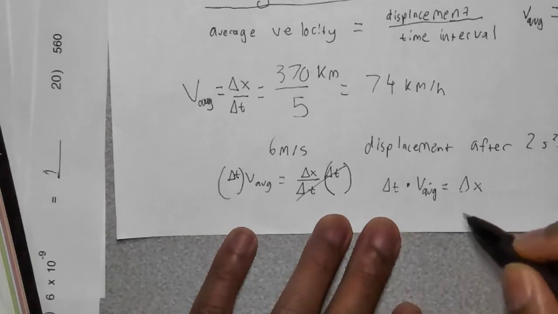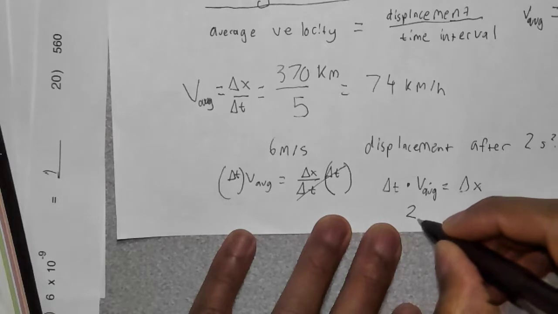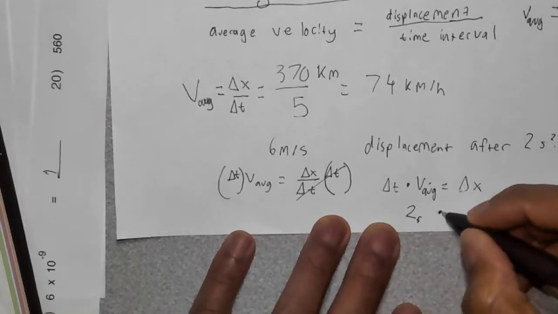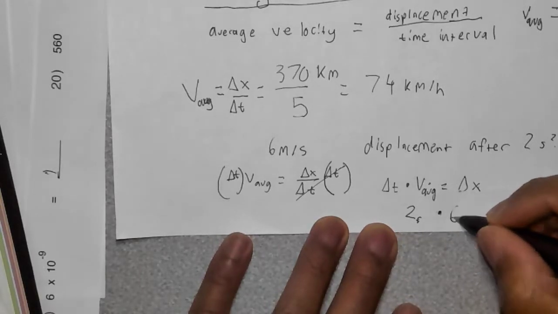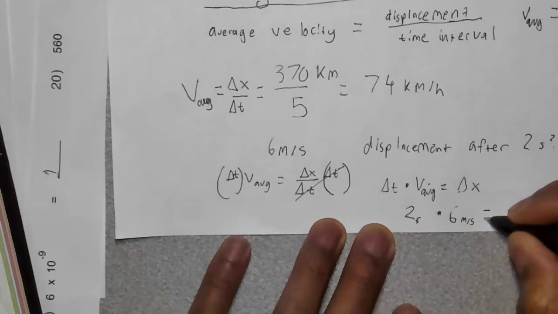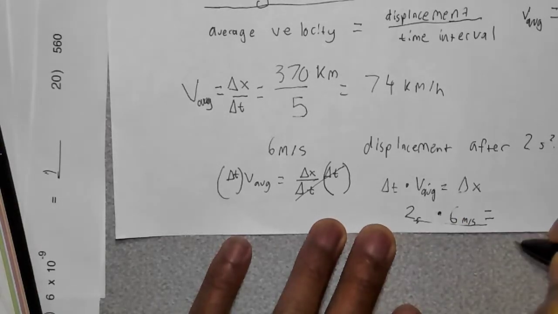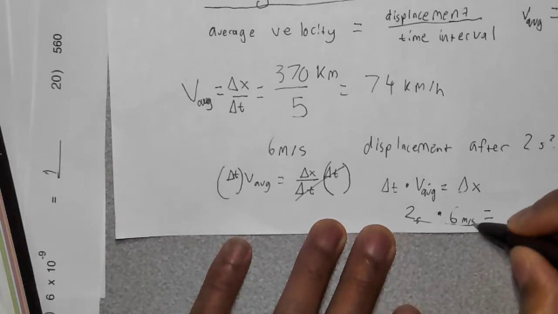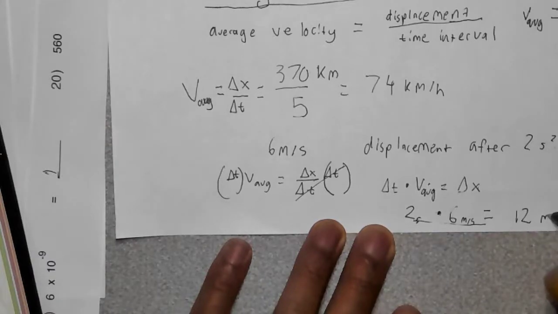So we know the change in time was 2 seconds. We multiply it by average velocity, 6 meters per second. Seconds ends up crossing out, and you just get 12 meters.